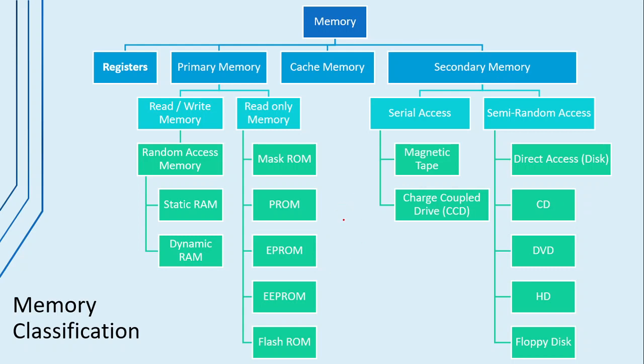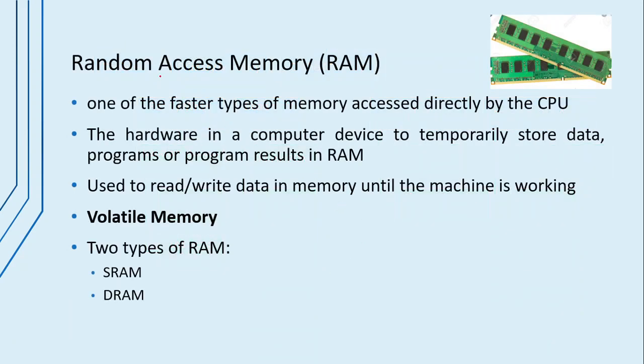Now we will see the RAM. RAM stands for random access memory. RAM is one of the fastest types of memory, accessed directly by the CPU.